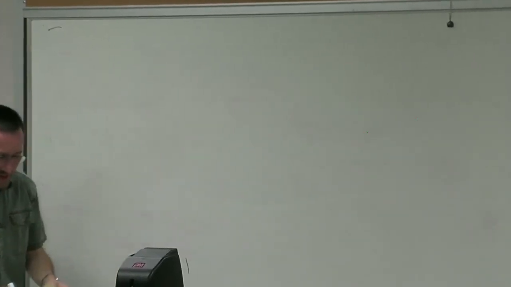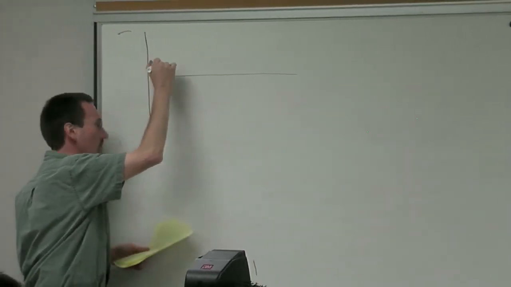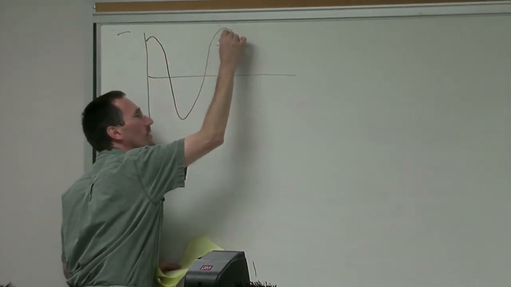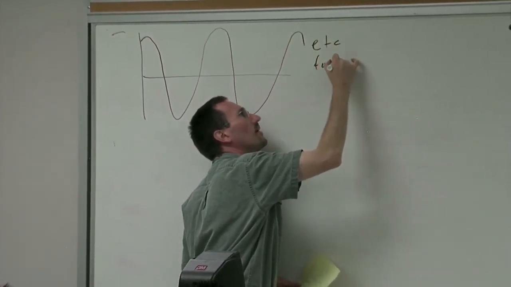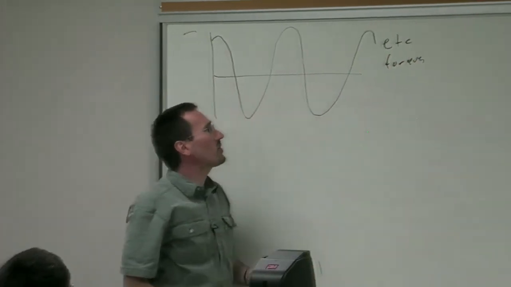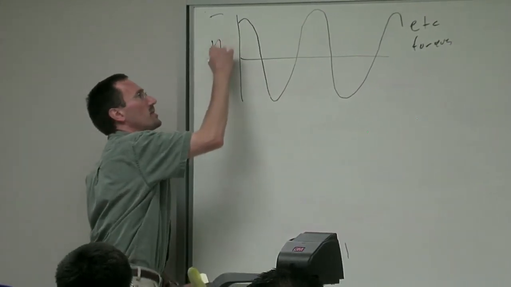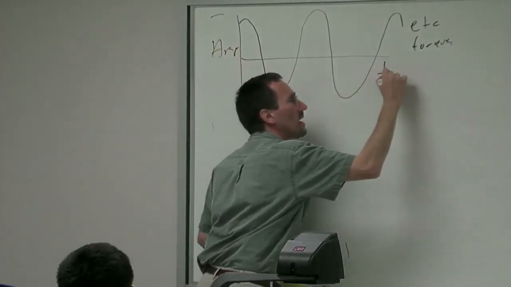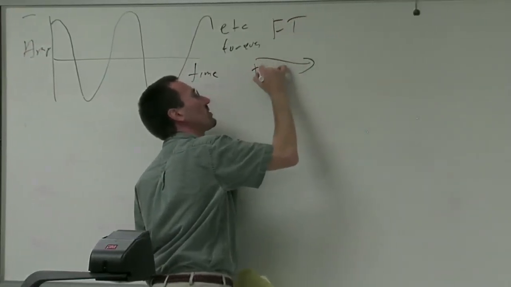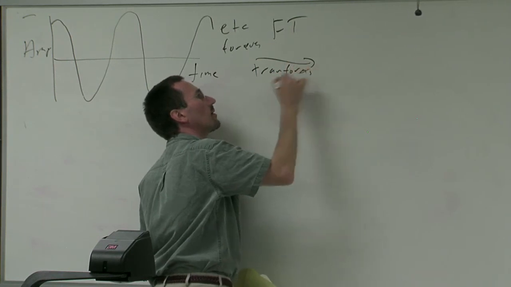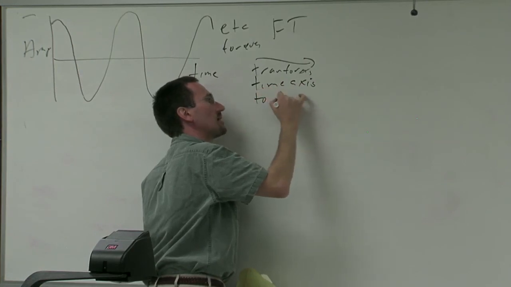All right. Now, I'm not exactly playing honest with you. Because if you have a frequency at a certain, so remember, this is amplitude and time, and the Fourier transform transforms the time axis to a frequency axis.